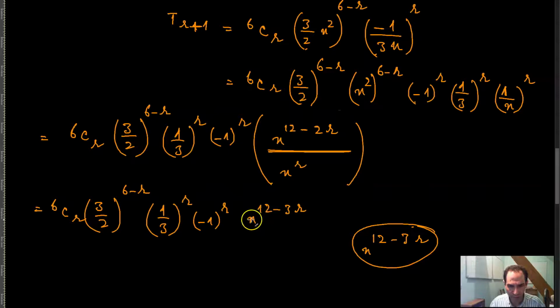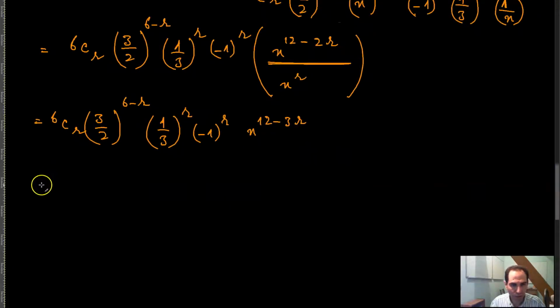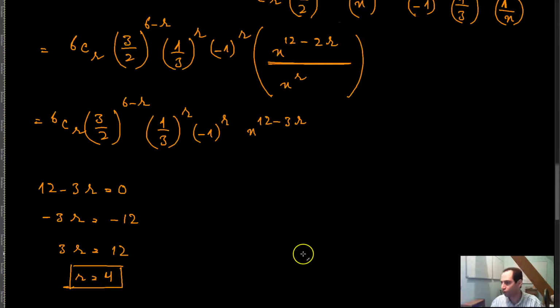Now you know that if x is raised to the 0th power, then the whole thing becomes 1, and therefore x vanishes, right? Which means that the condition we are looking for is that 12 minus 3r is equal to 0, which means 3r is equal to 12, and r is equal to 12 over 3, which is equal to 4. r should be equal to 4, right?